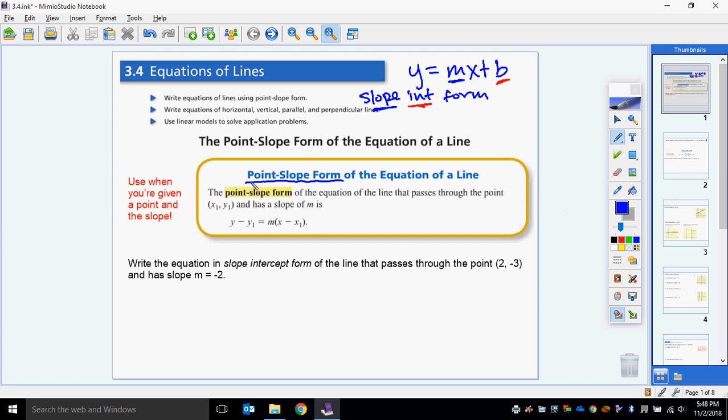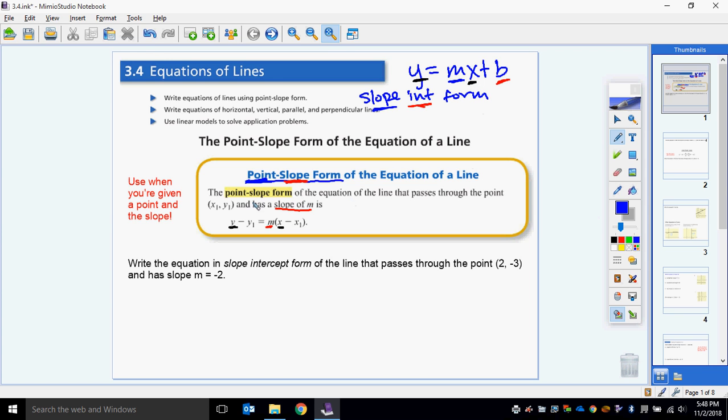And guess what? It's going to give us a point, and it's going to give us a slope. All right, so here's our form. y minus y1 equals m times x minus x1. So m still stands for the slope. x and y without a 1 behind it stay x and y, just like we have an x and a y in this form.